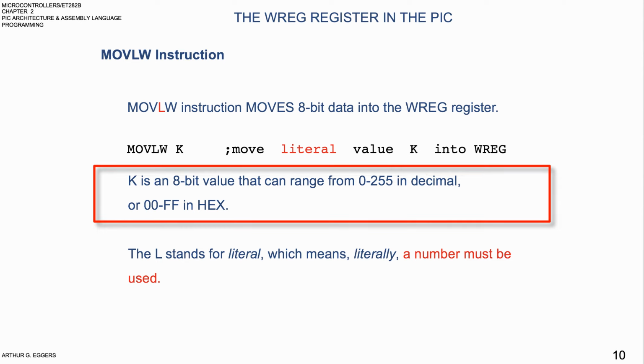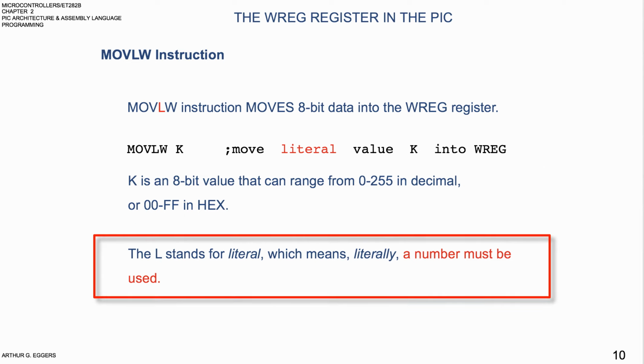K is an 8-bit value that can range from 0 to 255 in decimal, or 00 to FF in hex. The L stands for literal, which means literally a number must be used. In other words, if we see the word literal in an instruction, we are dealing with an actual value that must be provided right there with the instruction.